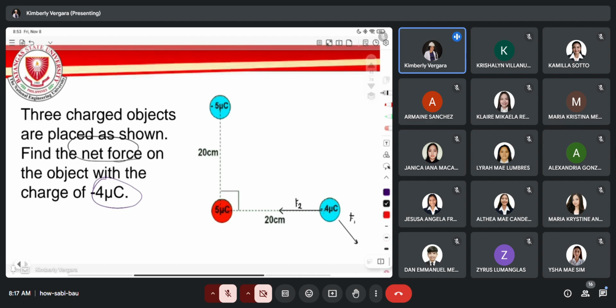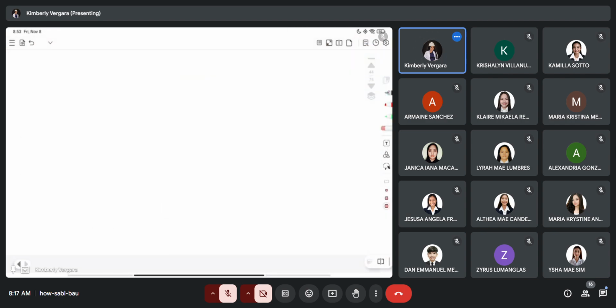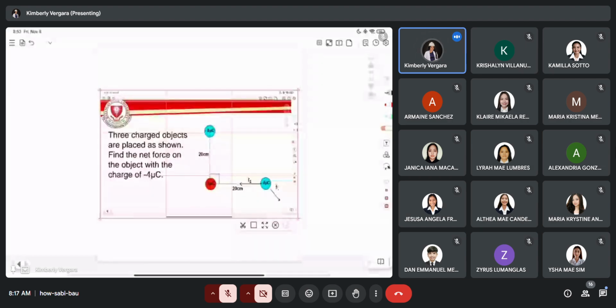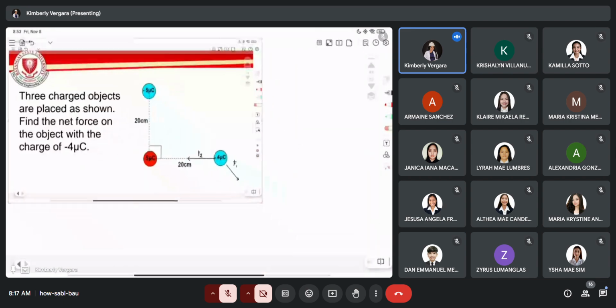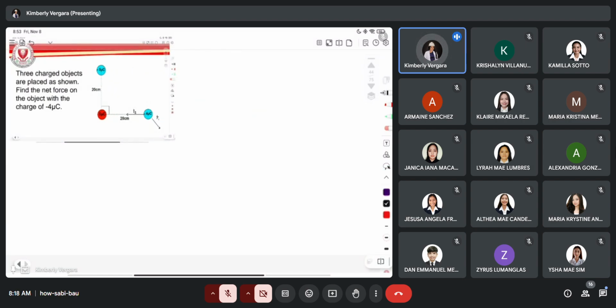Maalala po ninyo, yung merong mga X component, Y component. So let us solve. Since alam po natin na meron tayong direction for F1 and F2, we must have first the magnitude of F1 and F2.